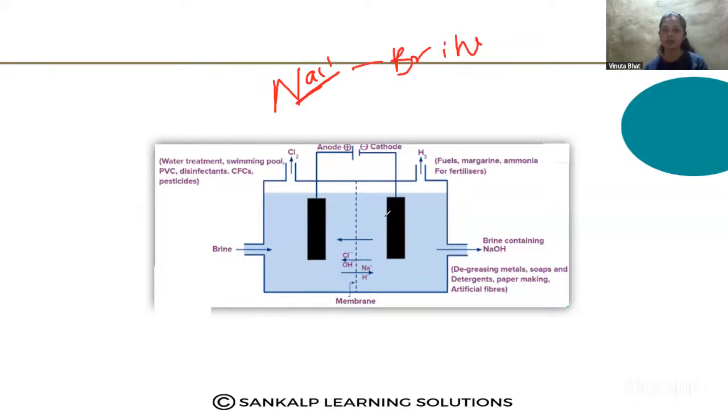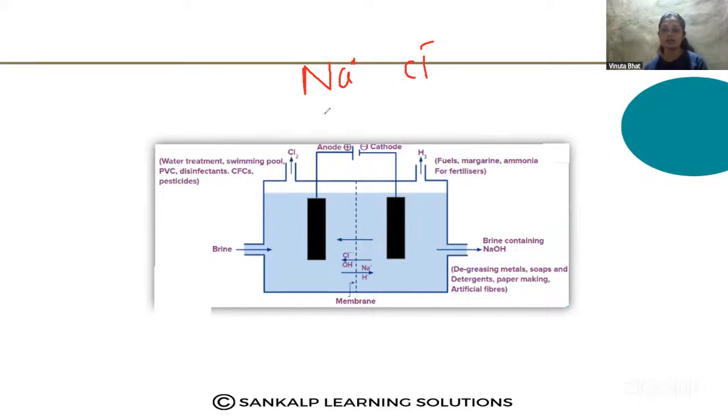Two electrodes are used, the anode and the cathode, the positive and the negative electrodes. When current is passed through, the sodium chloride splits into sodium plus and Cl minus.